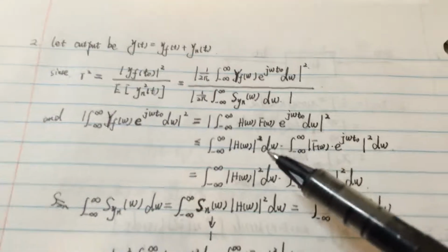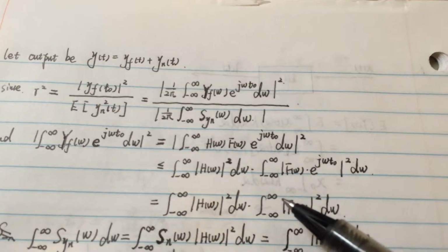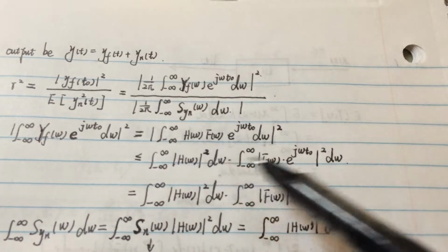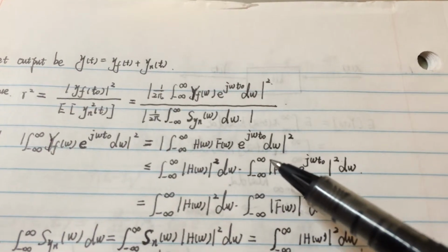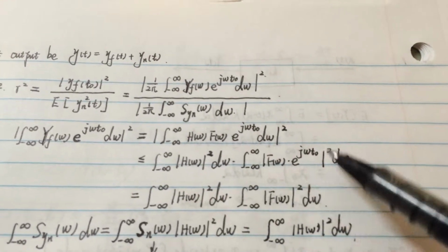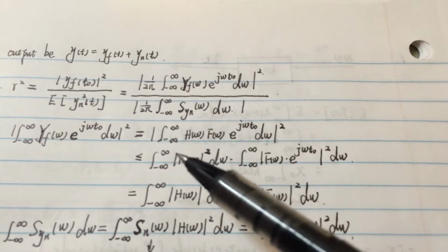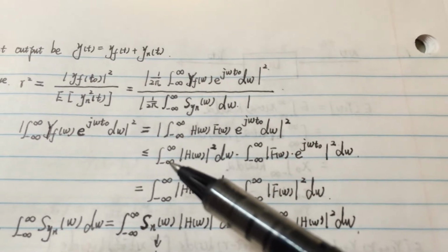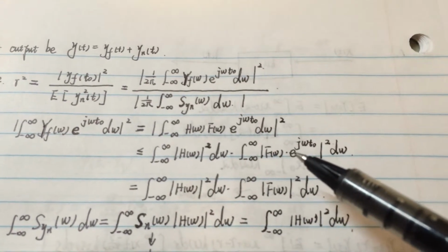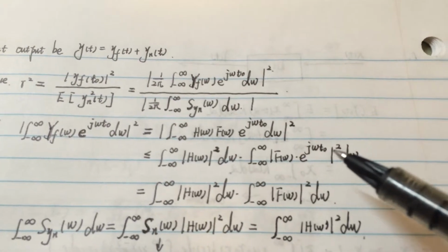And according to Schwarz's inequality, from the notes, this is smaller than the product of the integral of H(omega) magnitude squared from minus infinity to infinity, times the integral of F(omega) times e to the j omega t0, the magnitude squared.